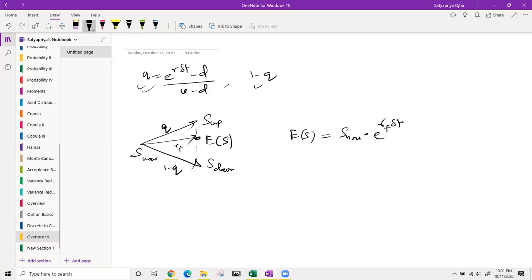That is how these probabilities are calculated in the first place, making this equal.